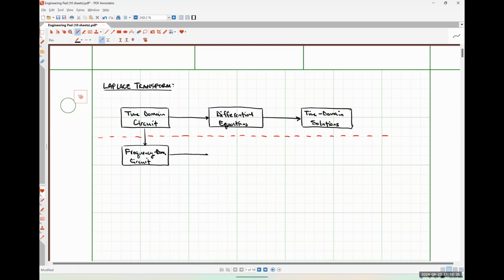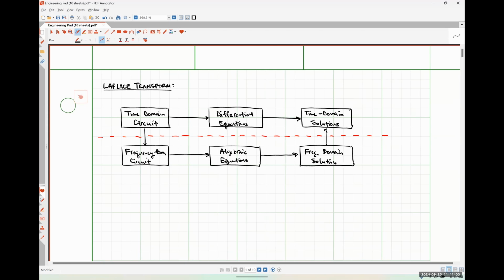Used algebraic equations to figure out what was going on. Came up with some frequency domain solution. And then converted that frequency domain solution back into the time domain.